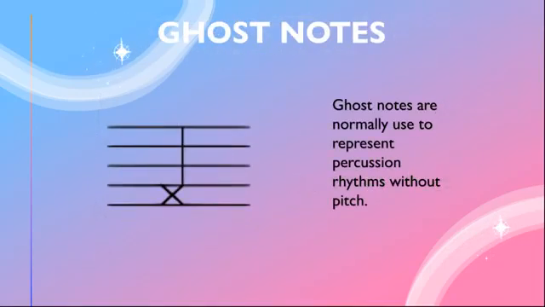And the last music symbol we will go over for this lesson is the ghost note, which are notes that represent percussion rhythms without pitch. So for drums, cymbals, triangles, etc., only percussion musicians will ever see notes like these.